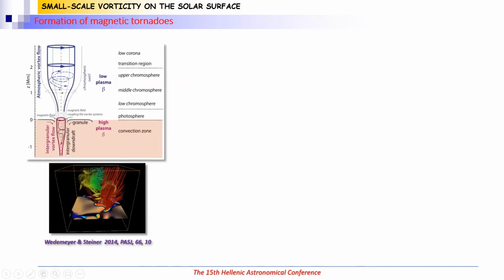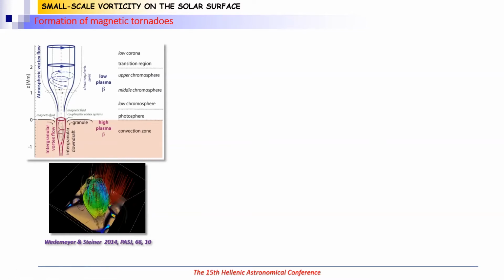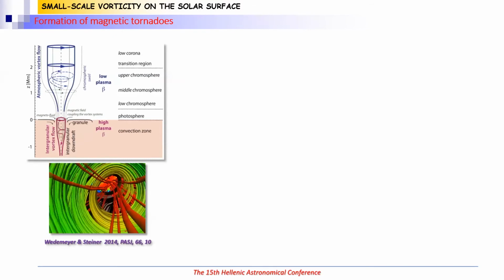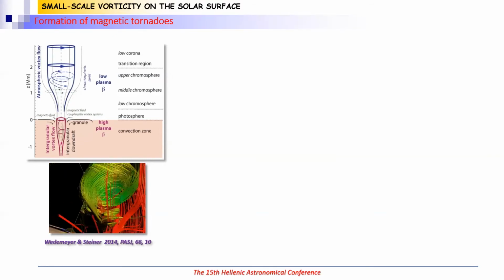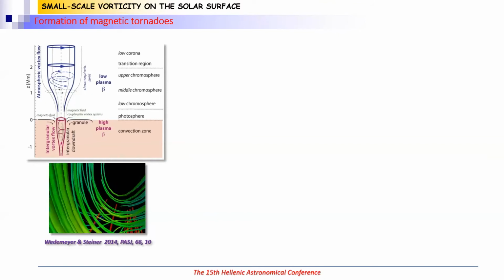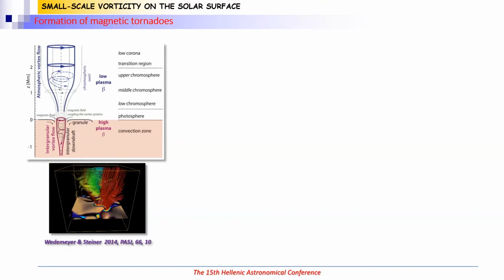Now, usually, right at the intergranular lane, we have also the emergence of quiet sun magnetic fields. And when an intergranular vortex flow occurs, then if we have a collocated magnetic field line, as Wedemeyer and Steiner showed in 2014, then you start putting into rotation the magnetic field lines above, and you create a magnetic tornado.